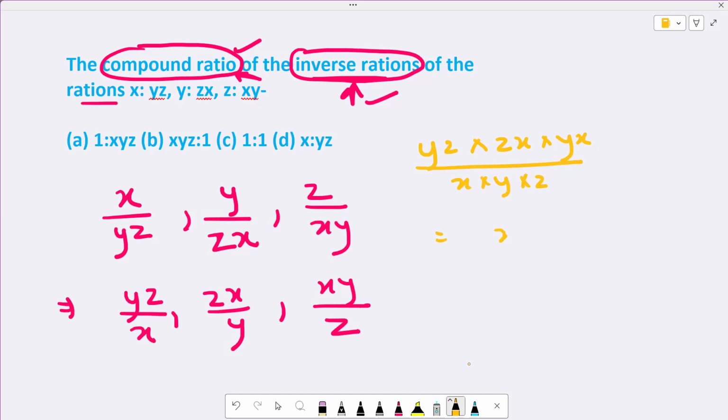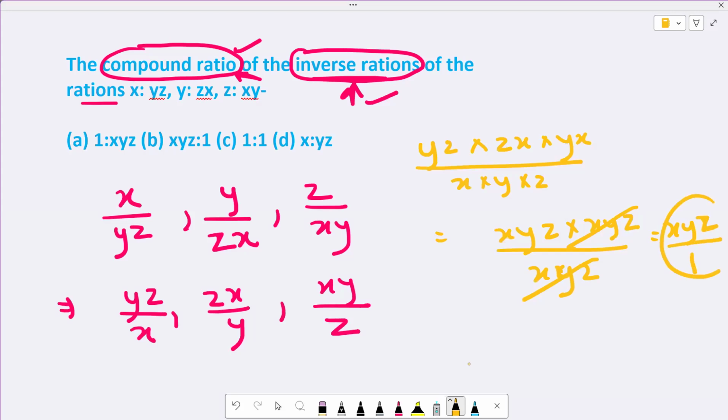As simple as it is. So we get xyz multiplied by xyz, and on the denominator also we get xyz. So we can cancel here. So we'll get the ratio as xyz upon 1, or the final ratio will be xyz to 1. So the answer to this particular question will be xyz to 1.